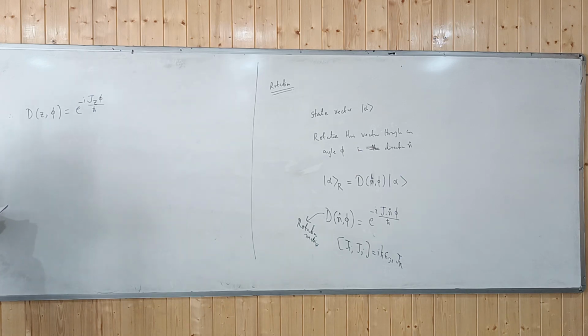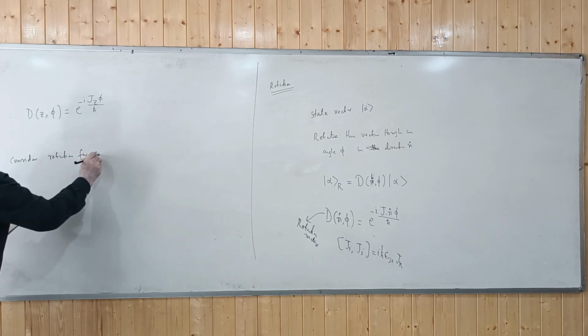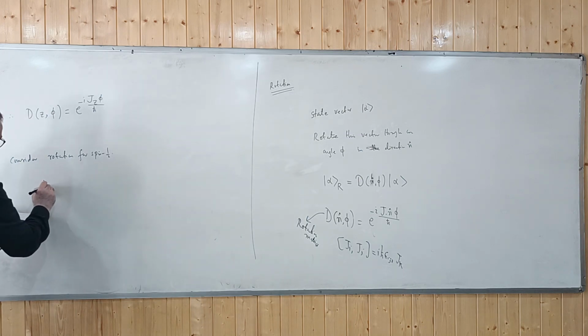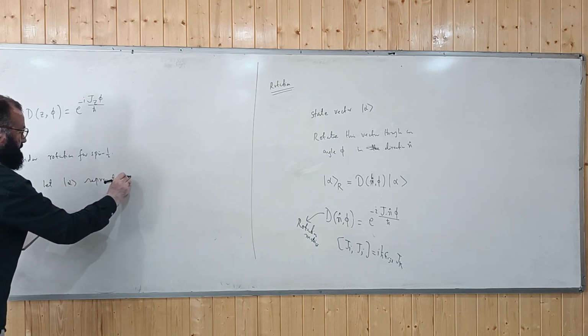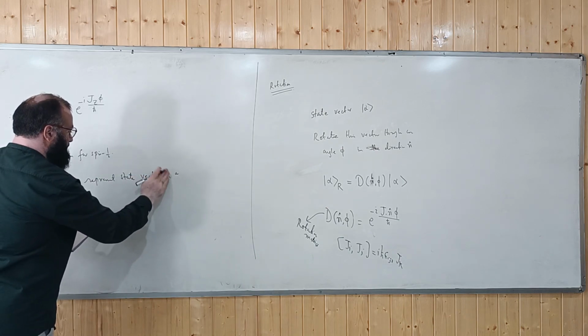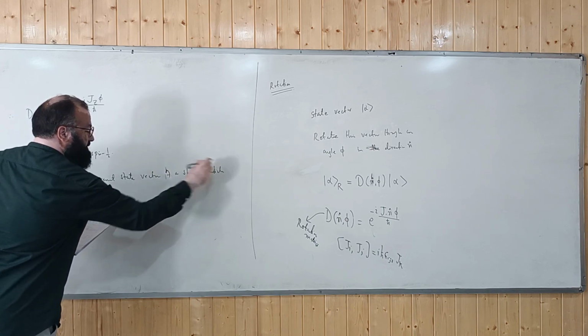So now let's consider the rotation of spin half particles. That was for the general case. Let alpha represent the state vector of a spin half particle.